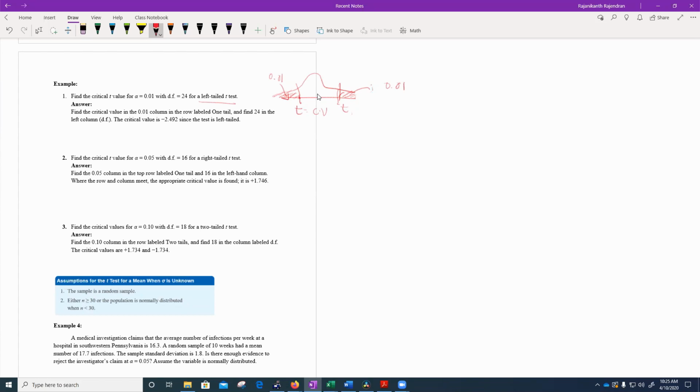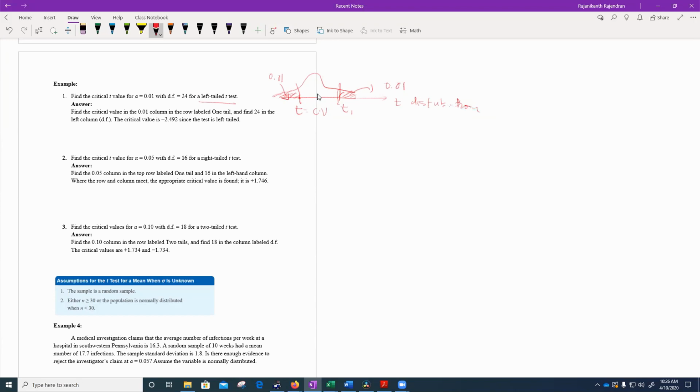Are they going to be symmetrical? Exactly, one will be positive, the other will be the negative of that, the same number. Very good. So if it is 0.01 on this side, the two values have the same magnitude, but you get a positive sign here and a negative sign here, right?